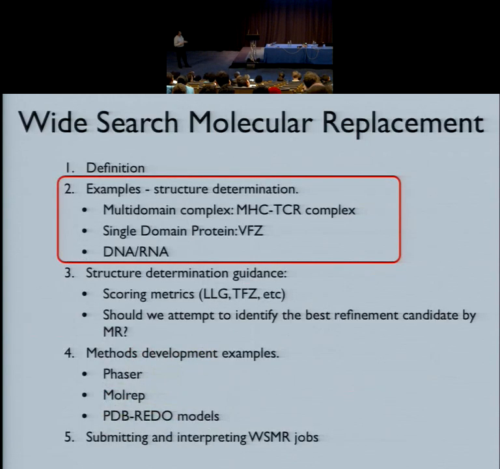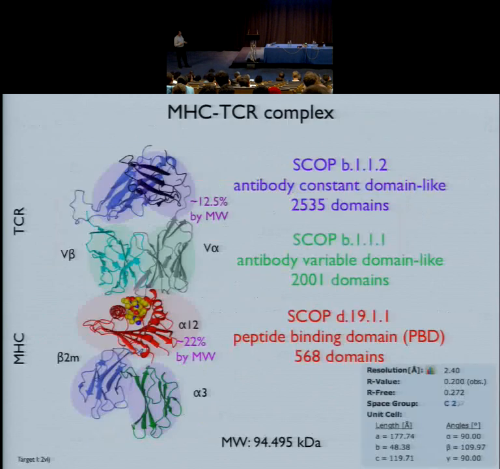Let me give you a couple of examples, and the first one is the MHC TCR complex. This is particularly interesting because of the domain composition of this complex. We have the peptide binding domain, which is unique in the complex. It's about 22% of the molecular weight of the entire complex, and we have 6 Ig domains, and individually they contribute about 12.5% each by molecular weight.